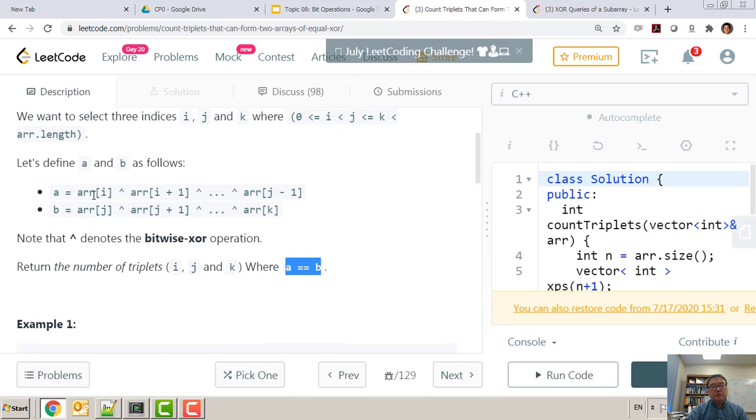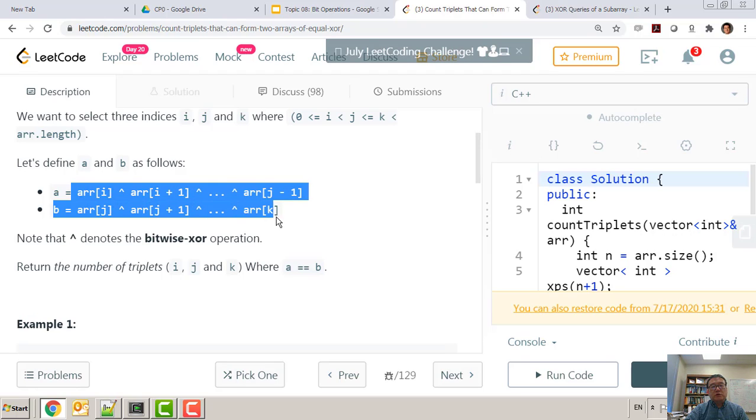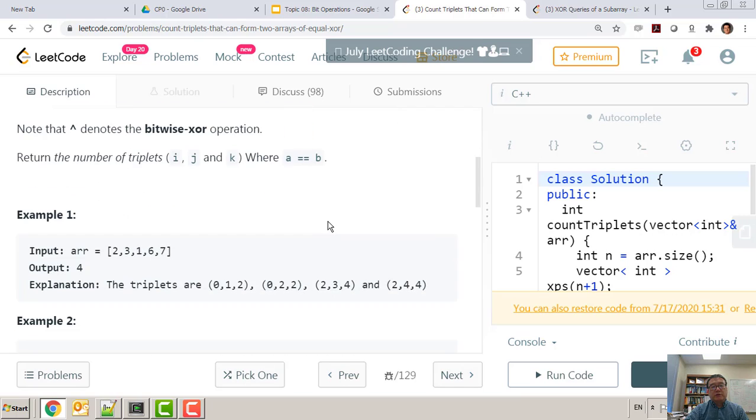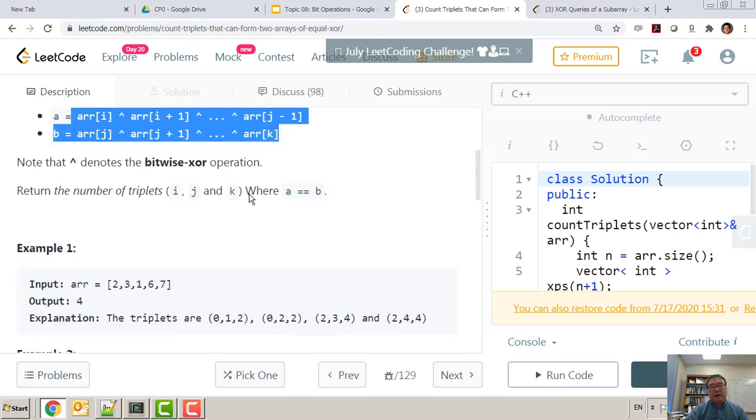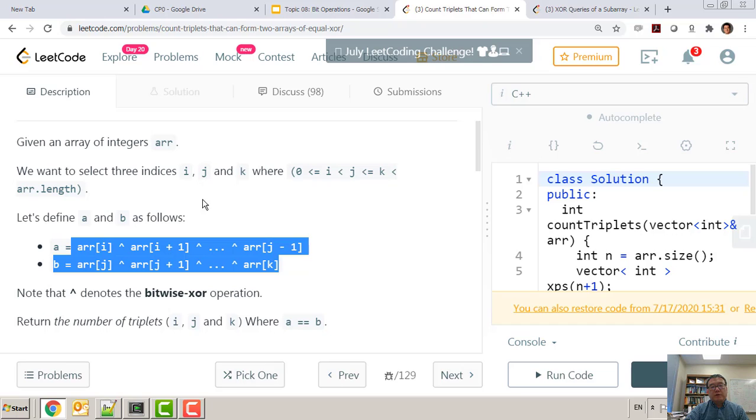Then what we want is from i to k XORed all together, we get 0. And so long as that occurs, then j can be any value between i and k. So j can be any value from i plus 1 to k. So really what we need to find are the ranges that XOR together to be 0.